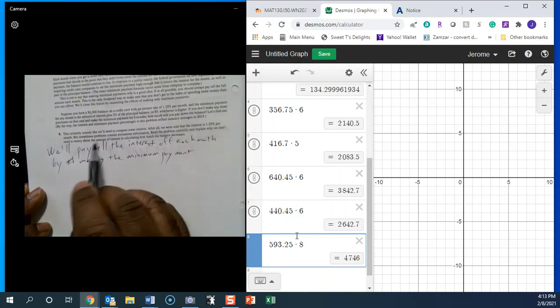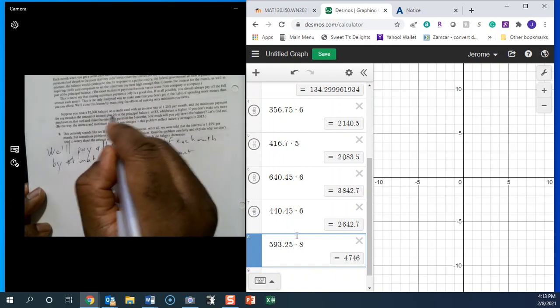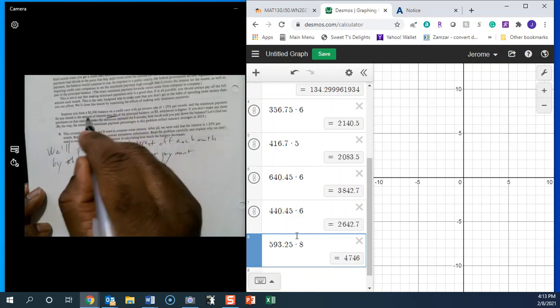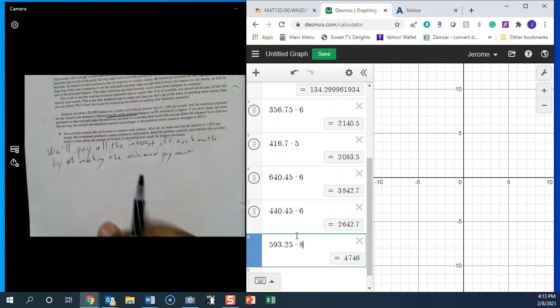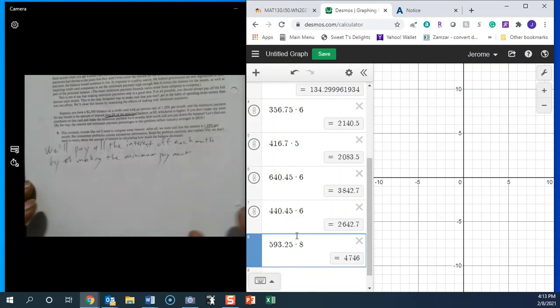And that's evident because with the minimum payment, they tell us that for any month is the amount of interest plus 2% of the principal. So the interest is only 1.25%, but you're going to be paying 2%. So you're going to take that out and then some.